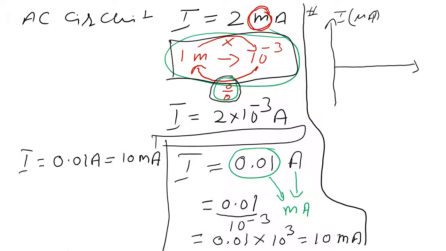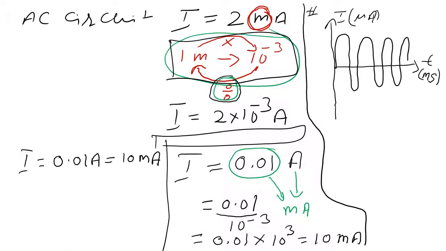And here this is the time axis, and the time is given in the millisecond. And this is the AC wave, like this. Here this is 0, and here the value is plus 1, and here the value is 0.5, and here the value is minus 0.5, and here the value is minus 1.